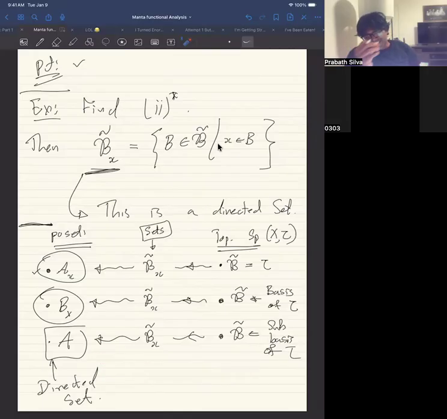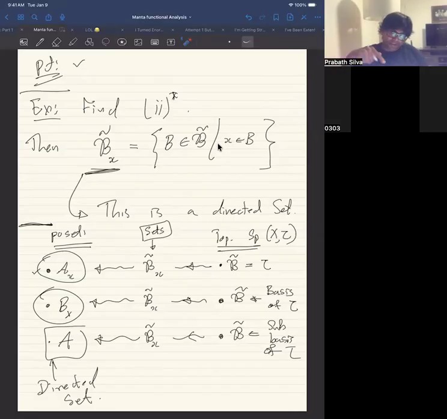But as a starting point, it's good to analyze what happens at a point, and when you compare the directed set and the Boolean algebra, yeah, the directed set is going to be a Boolean algebra for sure.